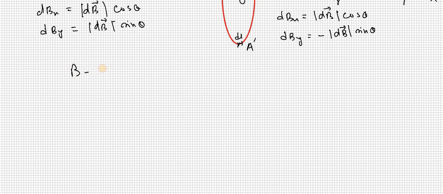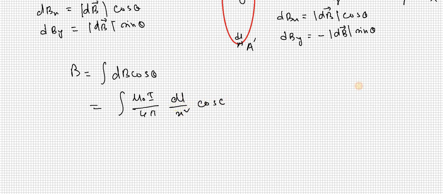So the total magnetic field B can be written as integration dB cos of theta, that is the x component only. So dB can be written as mu naught I divided by 4 pi, dl by x square, cos of theta.